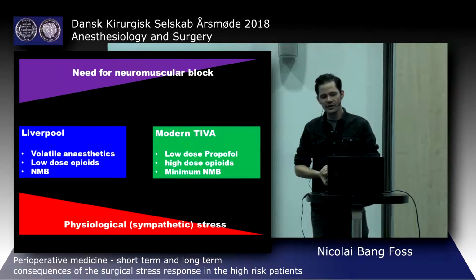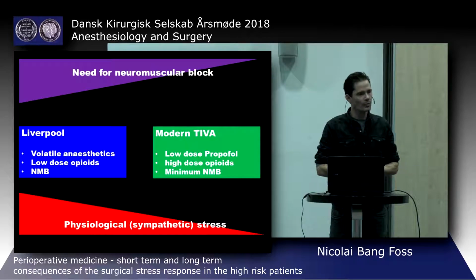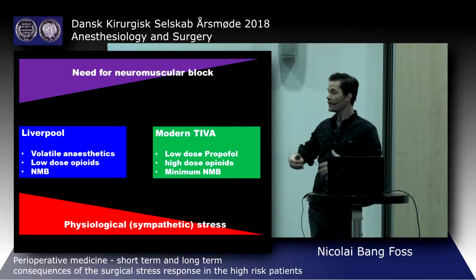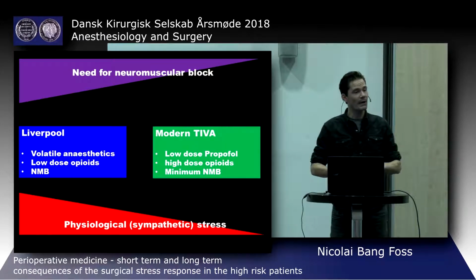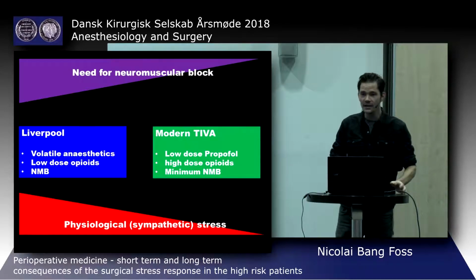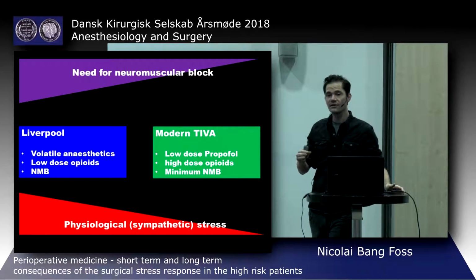With more modern anesthetic techniques where we give high doses of opioids, we attenuate the stress response, the cardiovascular stress response, and we have an almost alleviated need for neuromuscular block because the patient is actually asleep.